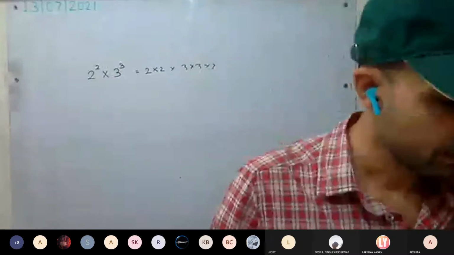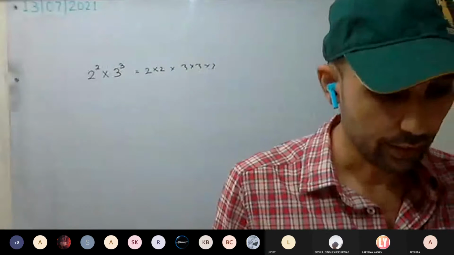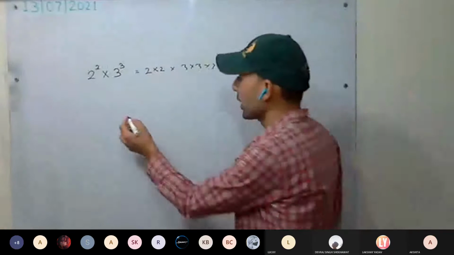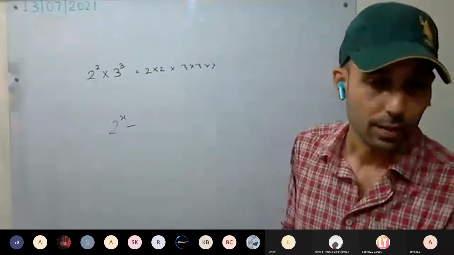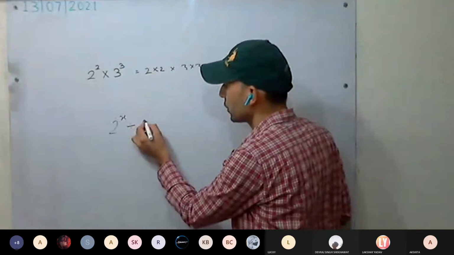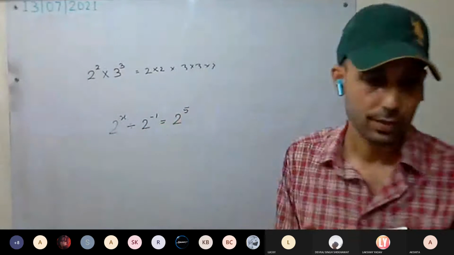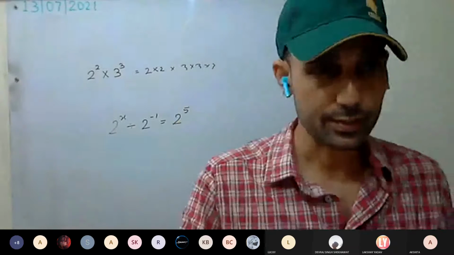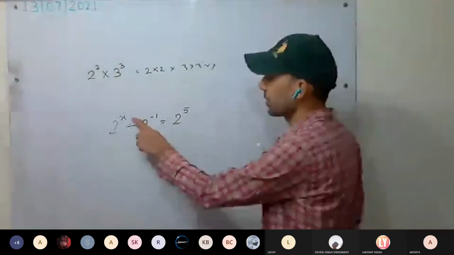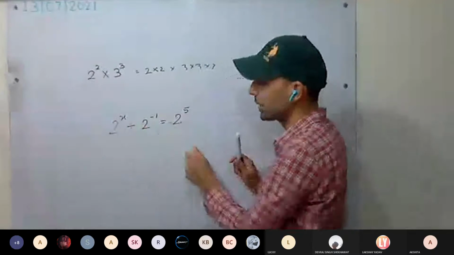These all we have done. 2 raised to power x divided by 2 raised to power minus 1 equal to 2 raised to power 5. Calculate value of x. How can we calculate value of x? It means first always check whether the base are same.